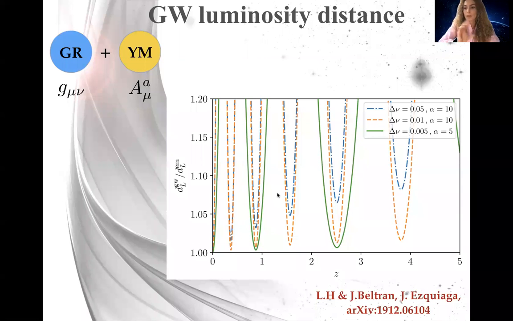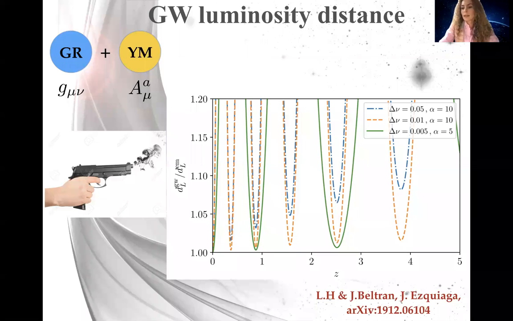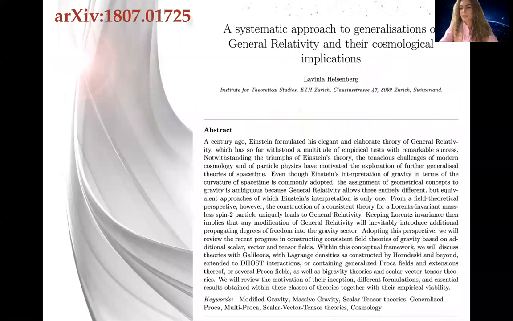With some particular behavior, that would be really a smoking gun for physics beyond lambda CDM, as I mentioned. Okay, I think I stop here and take some questions. Thank you.